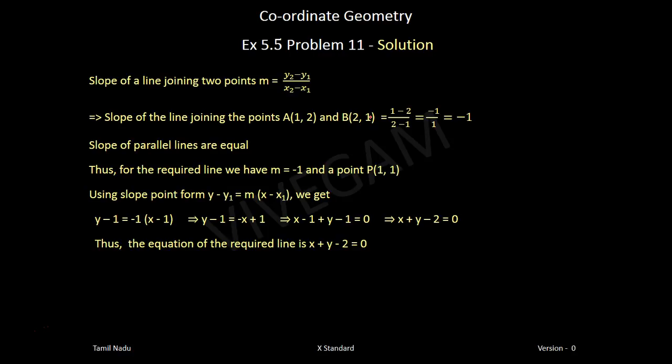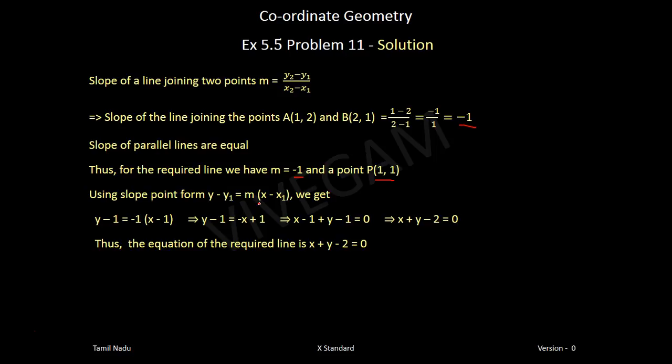So it is 1 minus 2 divided by 2 minus 1, that's equal to minus 1 divided by 1, so that's equal to minus 1. So the slope of the required line is minus 1 because parallel lines have the same slope. And we also have one point P on it, (1, 1).